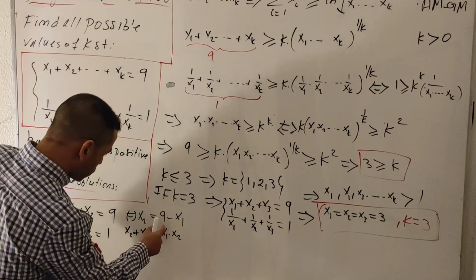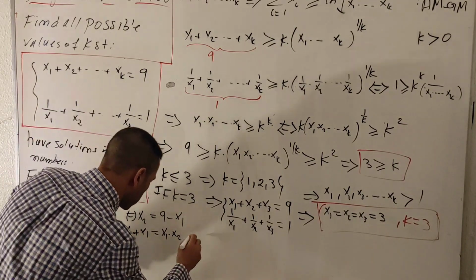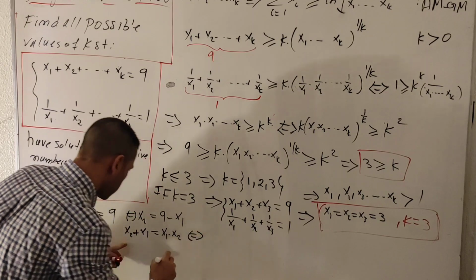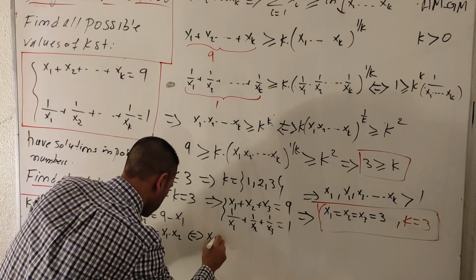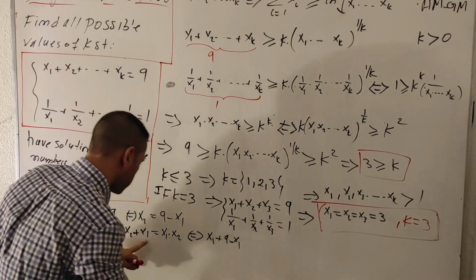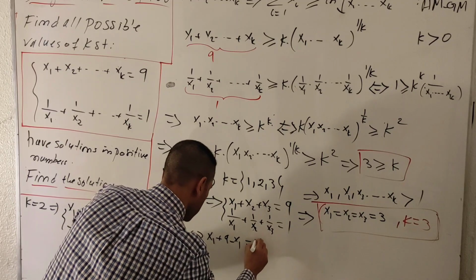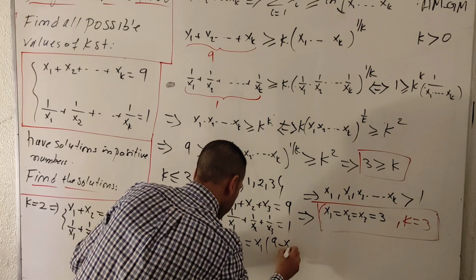It's very simple. I'm going to take this value of x2 and insert it into the second equation. So I will have x1 plus 9 minus x1 equals x1 multiplied by 9 minus x1.